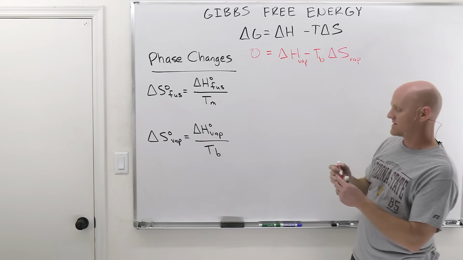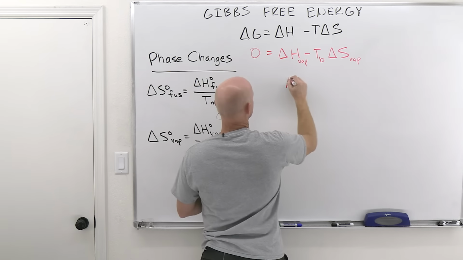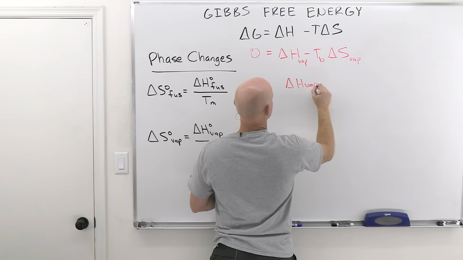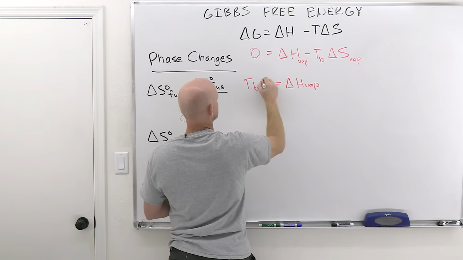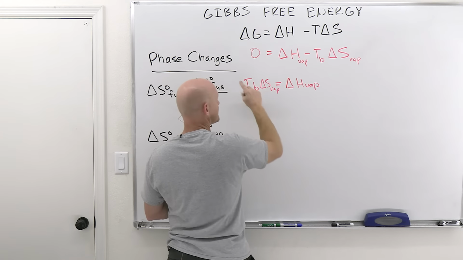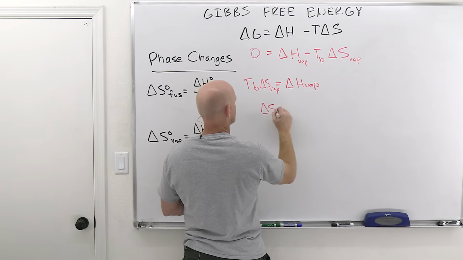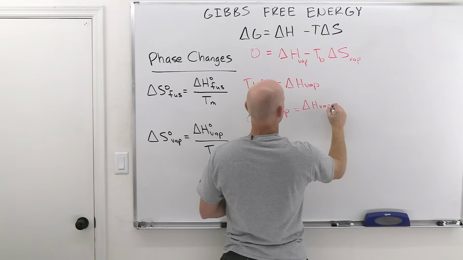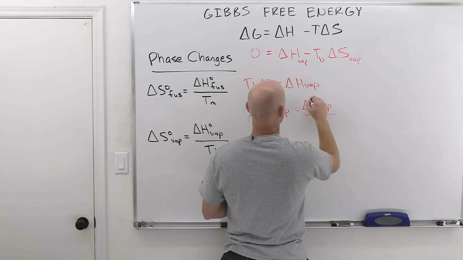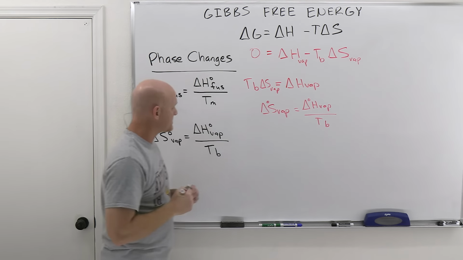And then we can rearrange this. Notice we can just take this delta H vaporization on this side, and on this side we'll add T times the delta S vaporization, and then we'll divide through by that boiling temperature and get that the delta S vaporization equals the delta H of vaporization over the boiling temperature. And that's where this comes from.